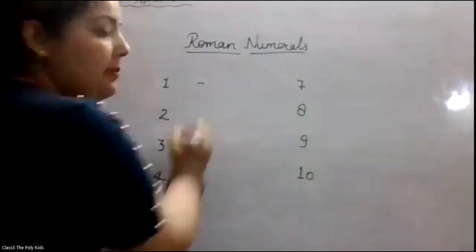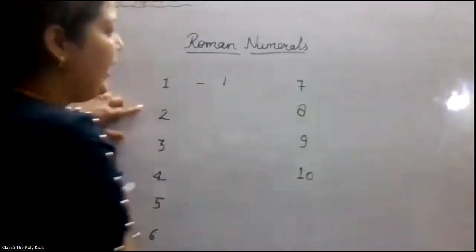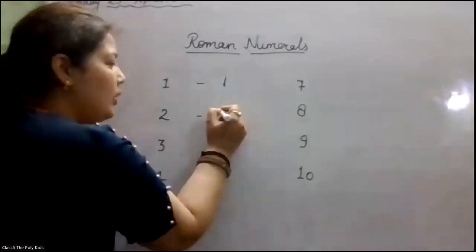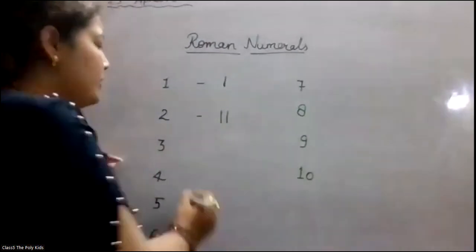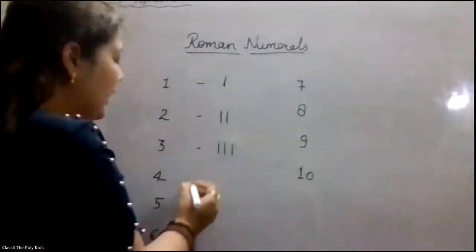Ma'am, the symbol for one is I. Two is II, two lines. Three is III, three lines.